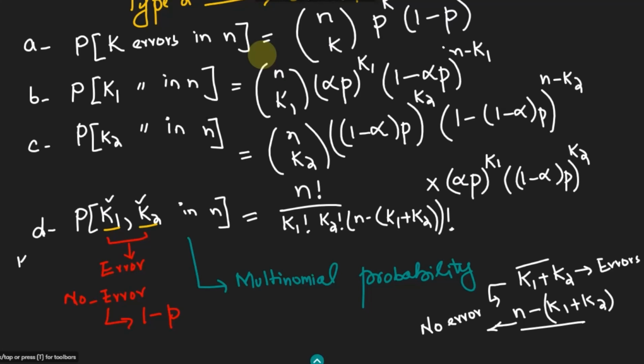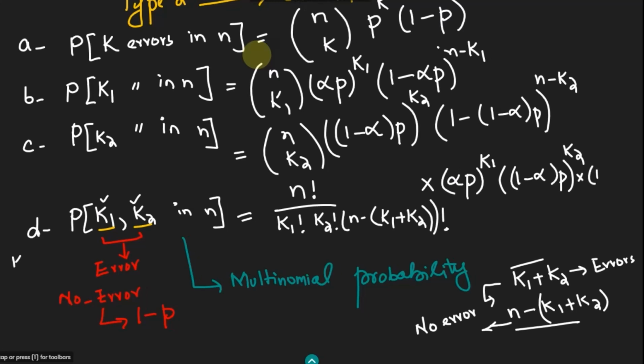And the probability of no error, as we previously found out, is 1 minus p, and the power of it will be n minus (k1 plus k2). So this is the solution in which we find the joint probability of k1 and k2 errors in our n trials.